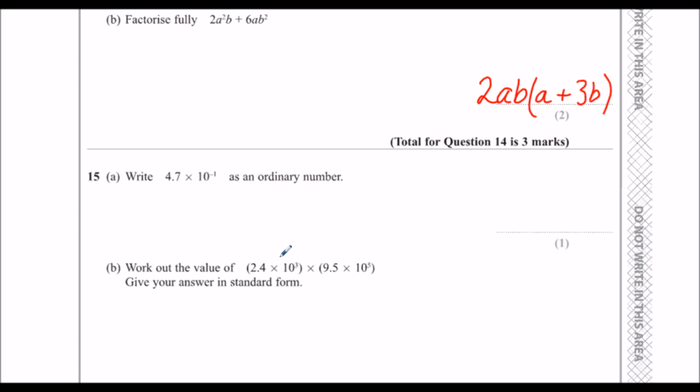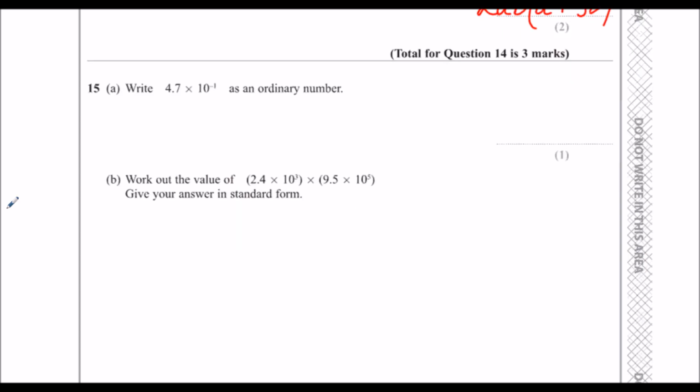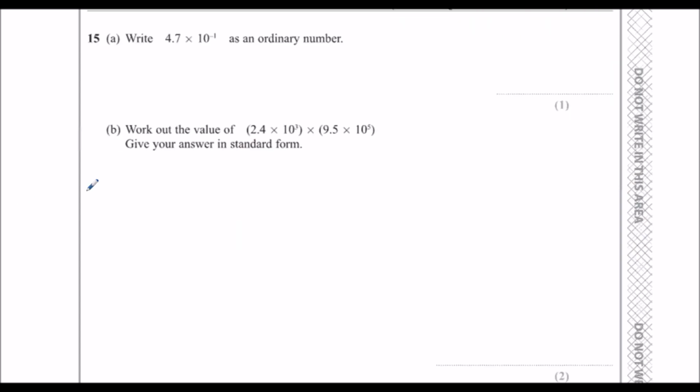Question 15. Write 4.7 times 10 to the power of minus 1 as an ordinary number. So times 10 to the power of minus 1 means divide by 10 one time. So that's 0.47.